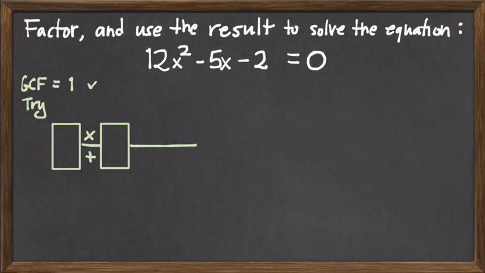I guess I should clarify. Let's be naive for a moment. Let's try to apply our previous factoring method to this. They would have to multiply to give me negative 2 and add together to give me negative 5.